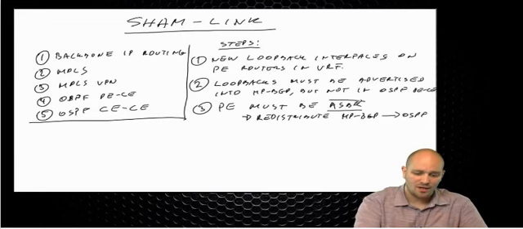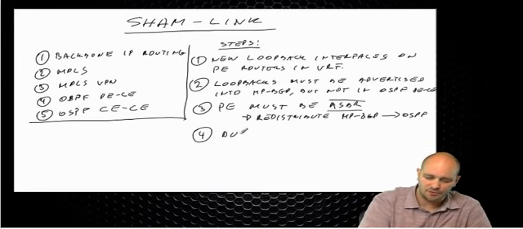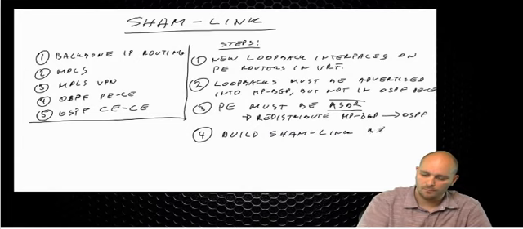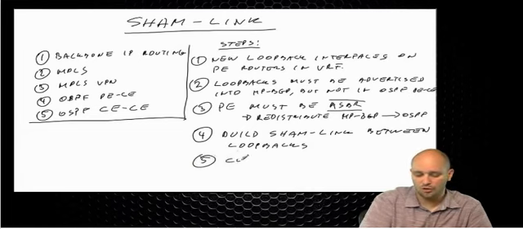Now, once you have this in place, what you need to do is actually build sham link between your loopbacks. And finally, you may need to perform some cost adjustments.